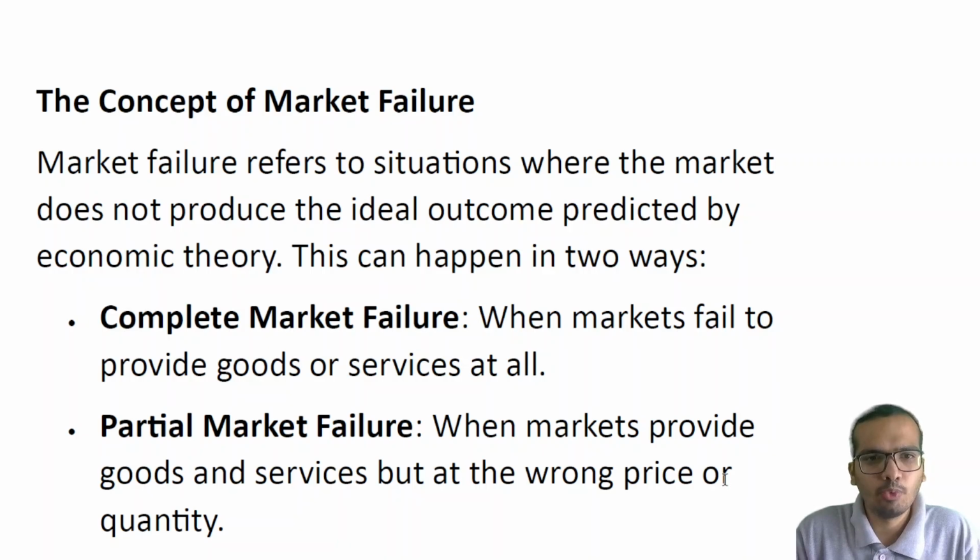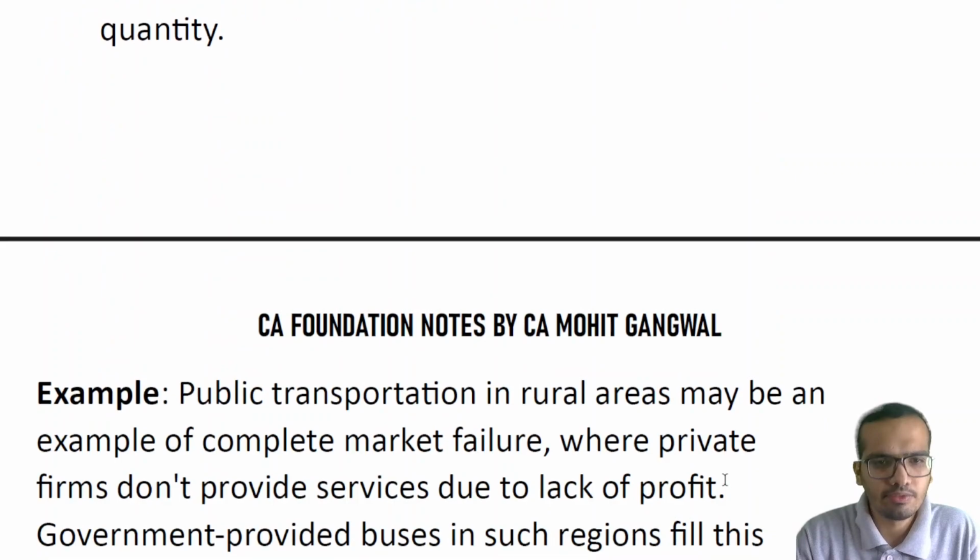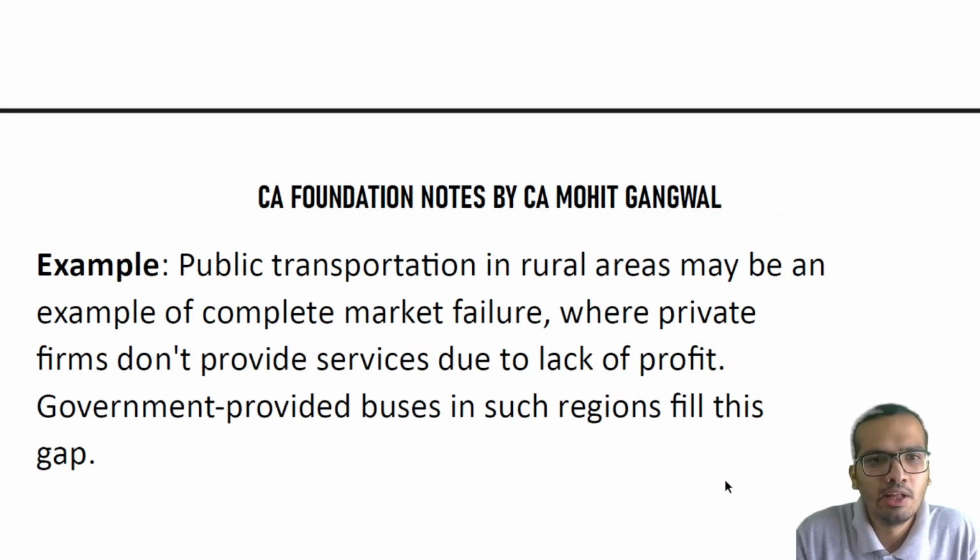That's when the market provides goods and services but at a wrong price or a wrong quantity. An example could be public transportation in rural areas, which may be an example of complete market failure where private firms don't provide services due to lack of profit. However, the government provides buses in such regions to fill the gap.